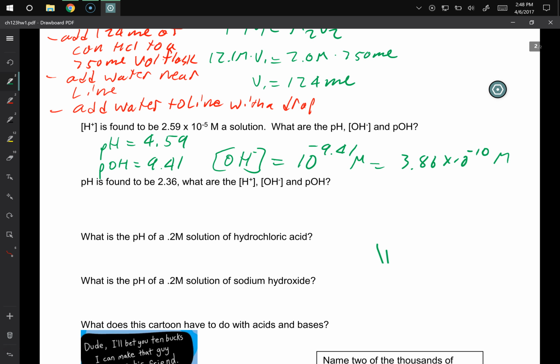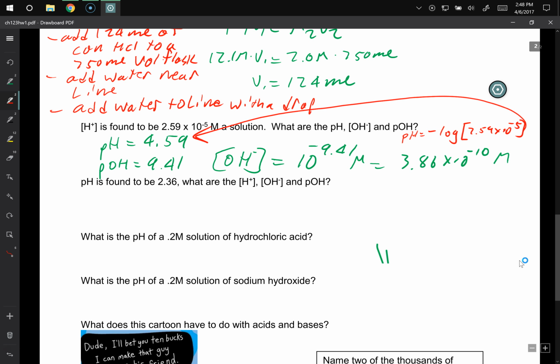Just log. I take the log of the value and then multiply by negative 1. So if I do that, I will get that number, 4.59. So I got a pH of 2.36, and then the hydrogen ion, hydroxide ion, and pOH.